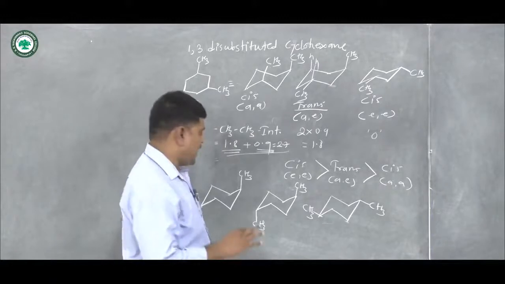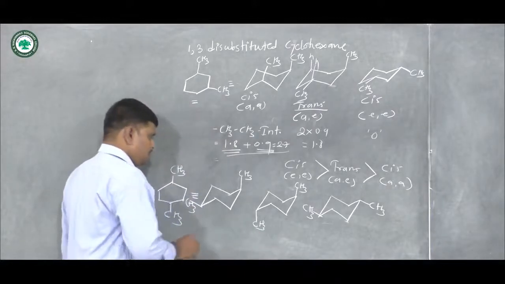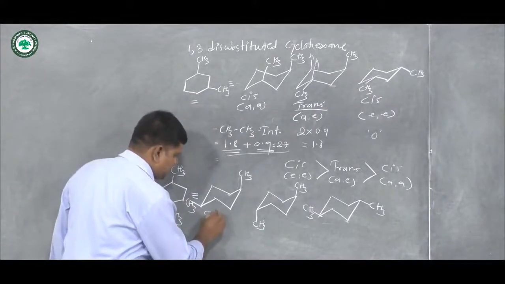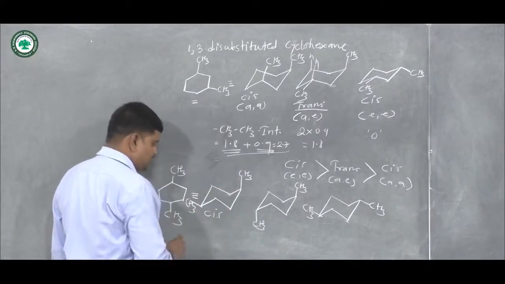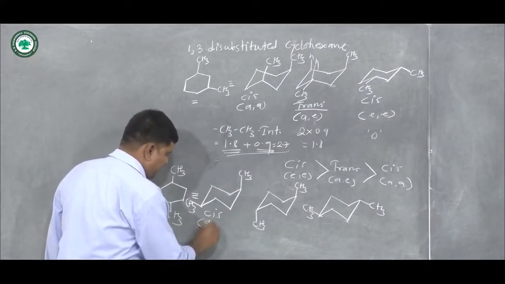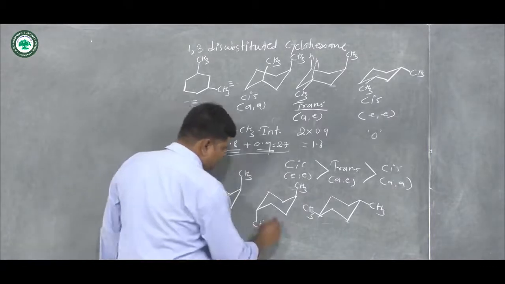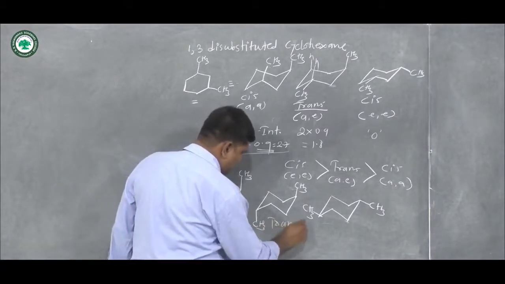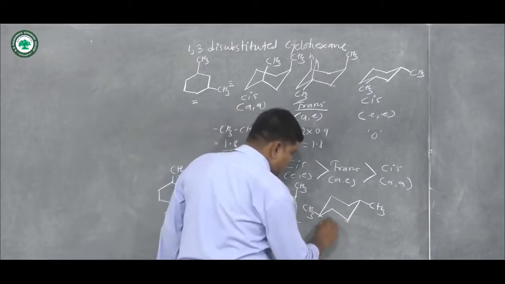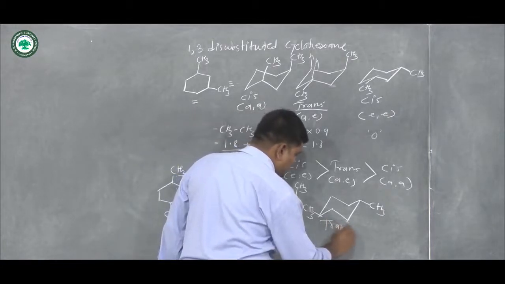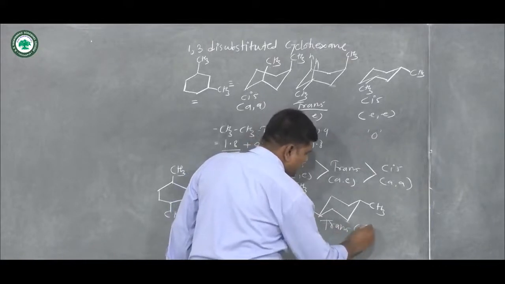Okay, now we write here cis, trans: this is cis. Why? Because both methyls are on the same side, and here we write axial equatorial, this is trans axial, and in the third we write also trans equatorial.